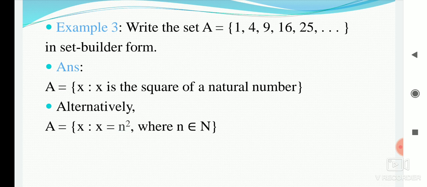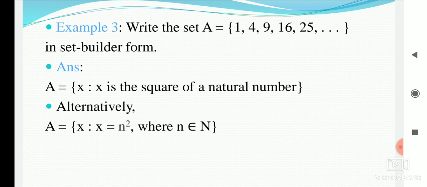You can see 3 dots at the end. So set A is nothing but the set of all x such that x is the square of a natural number. See, these are all positive integers and all are natural numbers. If you read this as set of all x such that x is the square of, up to this point you can easily guess the property.